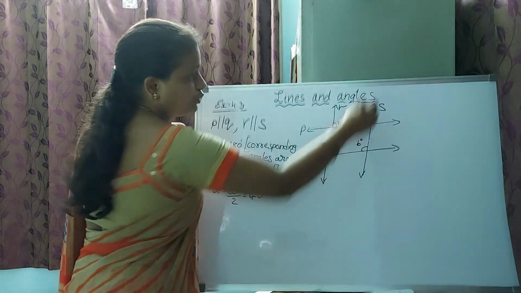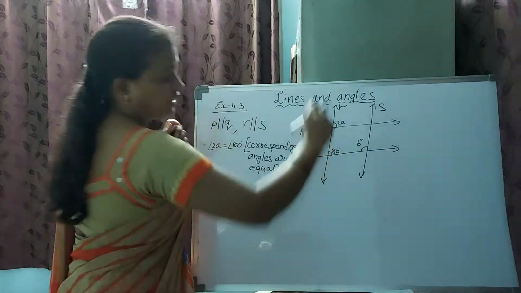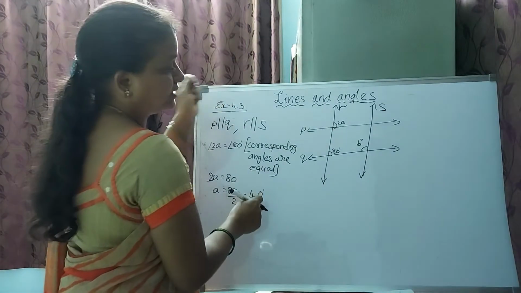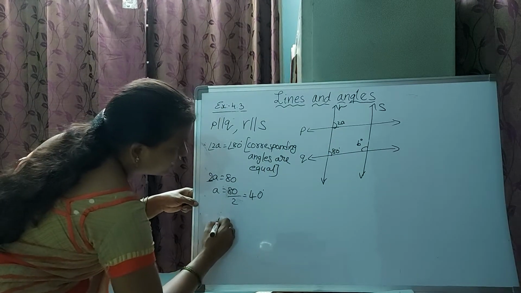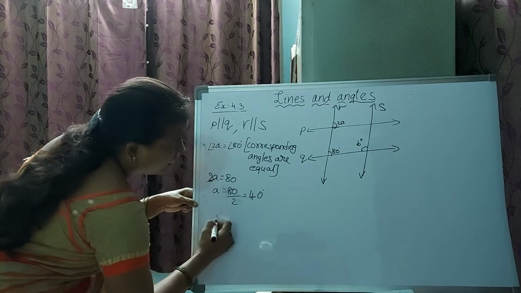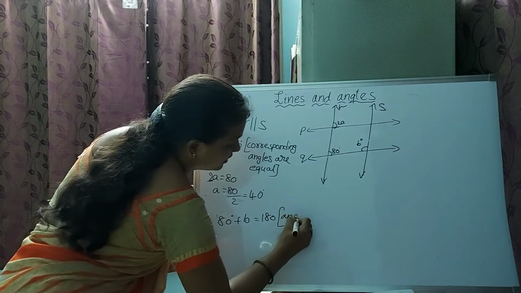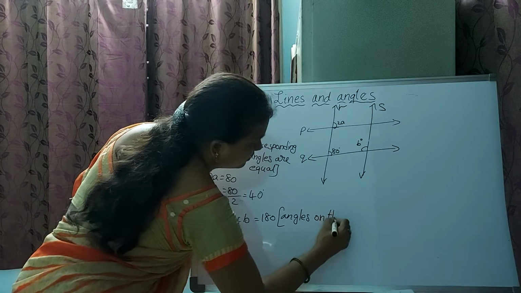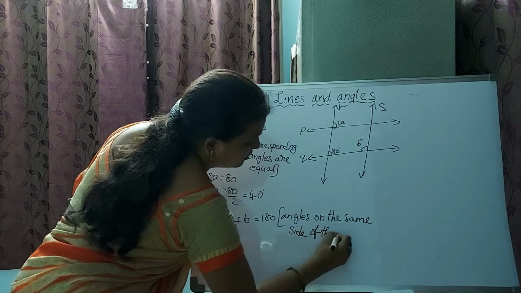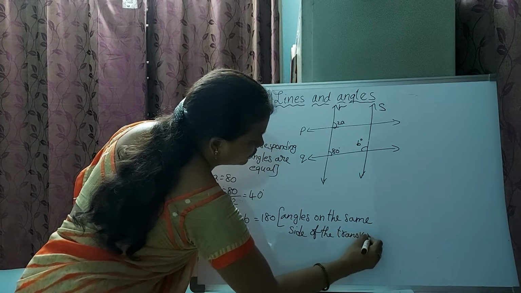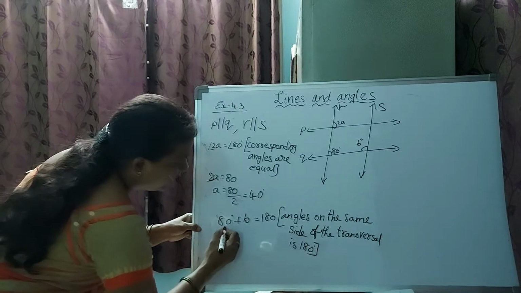Now you observe these two parallel lines and this is a transversal. If you rotate the book and see like this, these are angles on the same side of the transversal. 80 plus B is equal to 180 because angles on the same side of the transversal sum to 180.